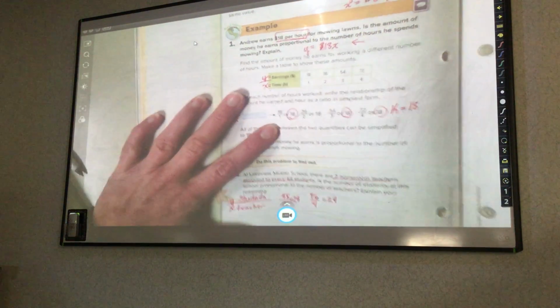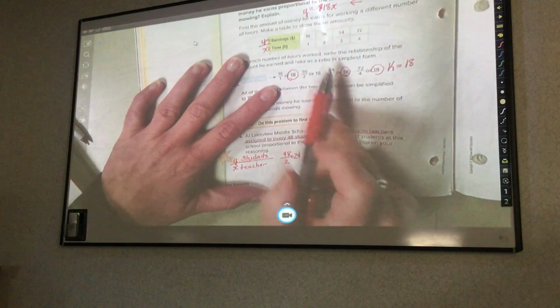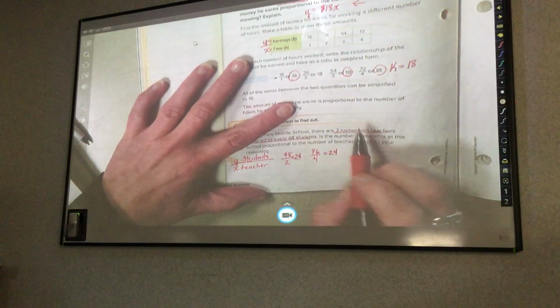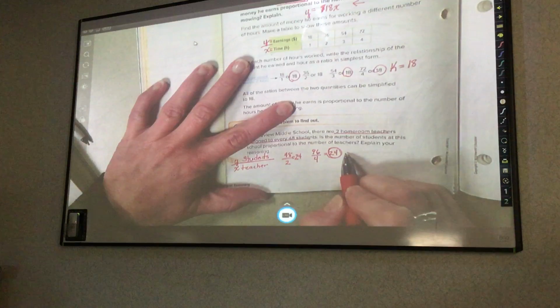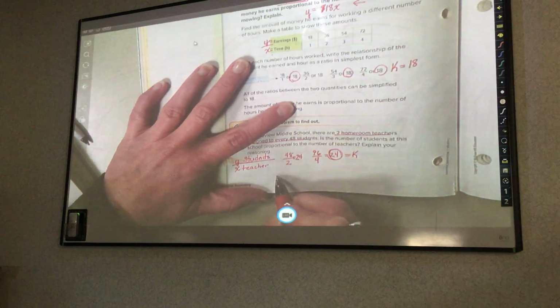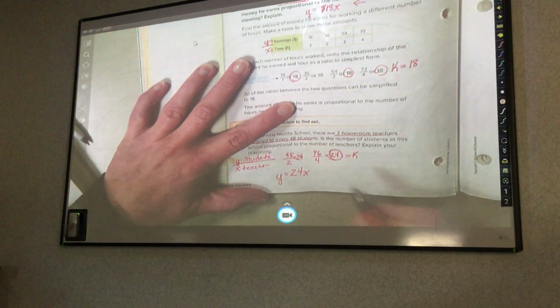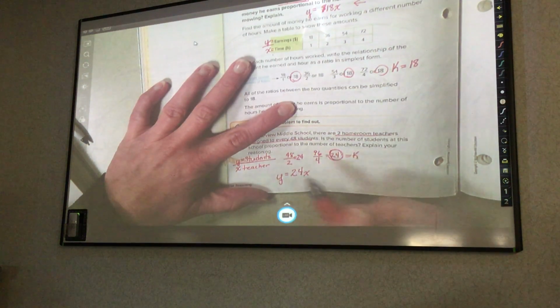So I want to make an equation. So what's 24? 24 is going to be my constant, K. Excellent. So Y equals 24 times X. Y equals the number of students, X equals the number of teachers.